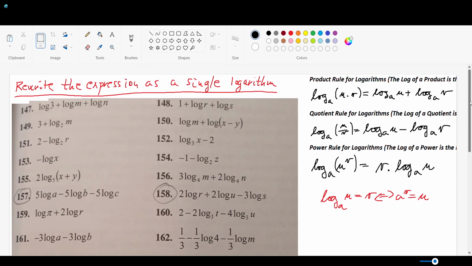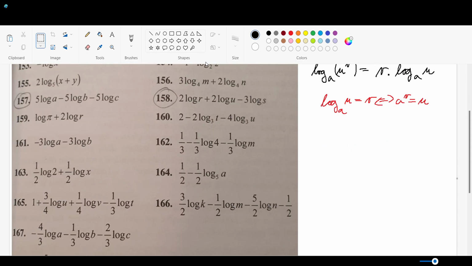Our goal in this exercise is to rewrite the expression as a single logarithm. I have chosen exercises 157 and 158, as I want to show you how to solve these exercises.